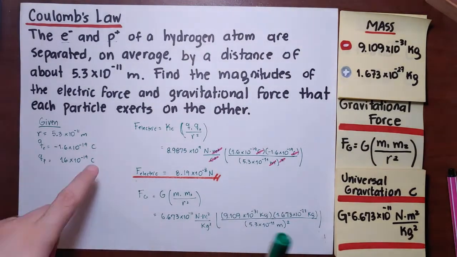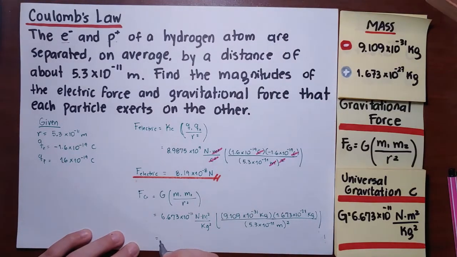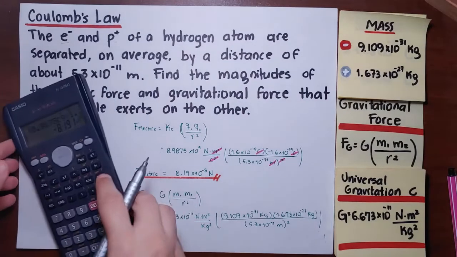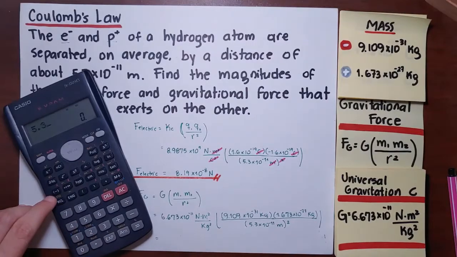So I have everything already there. Now I just need to apply the formulas in my calculator. So I'm going to do the same process. 5.3 exponential negative 11 to the second power.